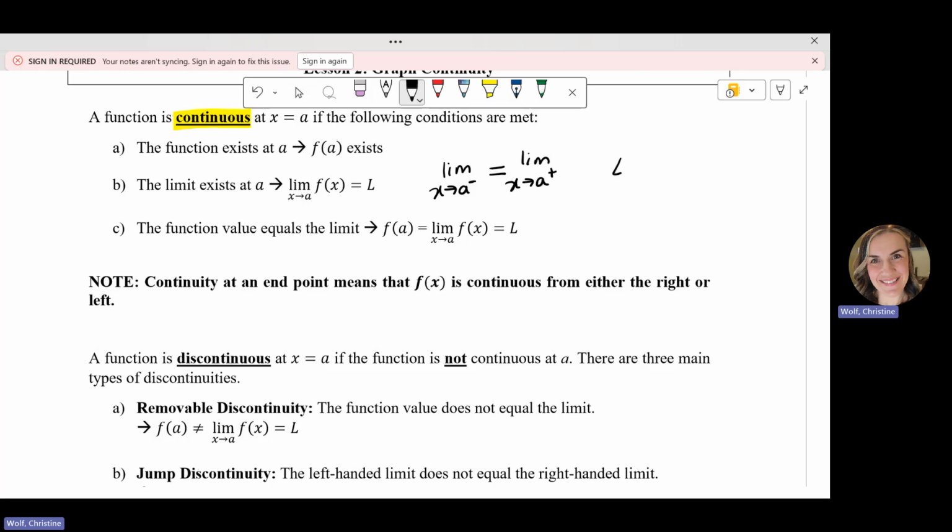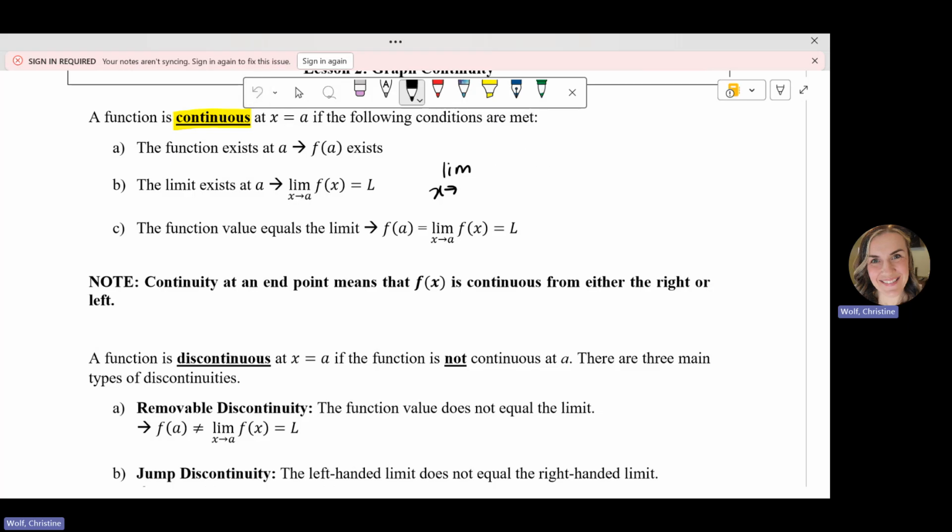Remember, we always checked, does the left-hand side equal the right-hand side? And if it does, then we can say the limit exists. If those two are not equal, that's where we had the case of the limit not existing. Okay, so that's the second condition. The limit has to exist. So the left-hand side and the right-hand side have to be equal.